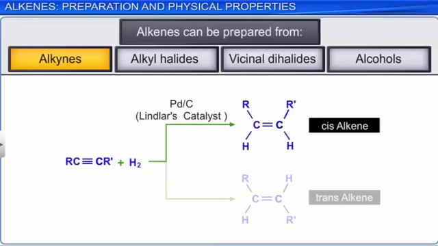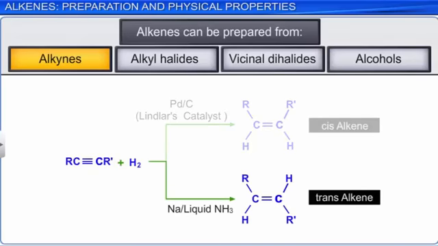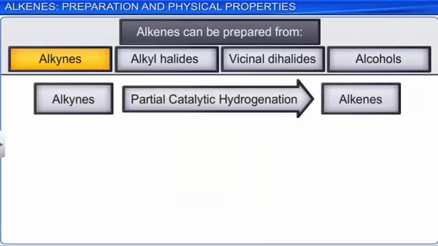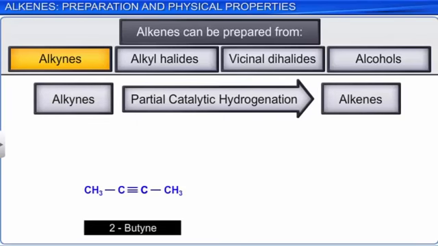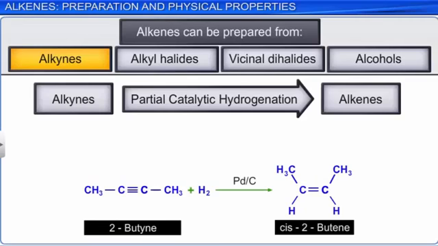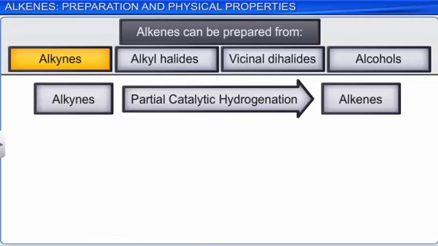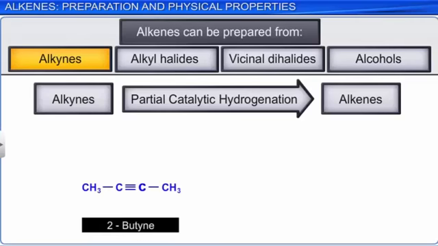When the catalyst used is sodium in liquid ammonia, the alkene obtained shows trans geometry. For example, 2-butyne on reduction with palladized charcoal in presence of quinoline forms cis-2-butene. However, 2-butyne on reduction with sodium in the presence of liquid ammonia forms trans-2-butene.